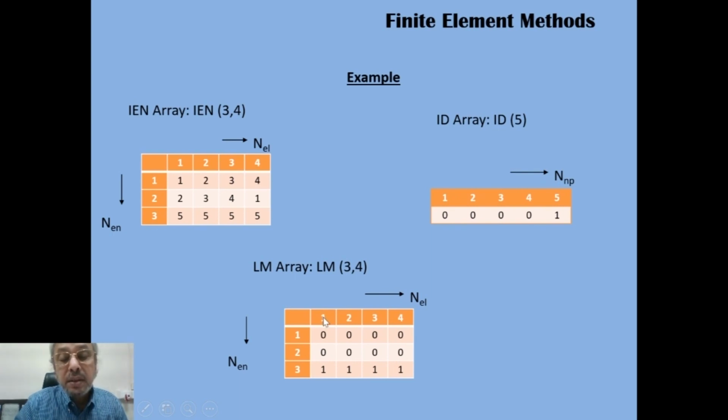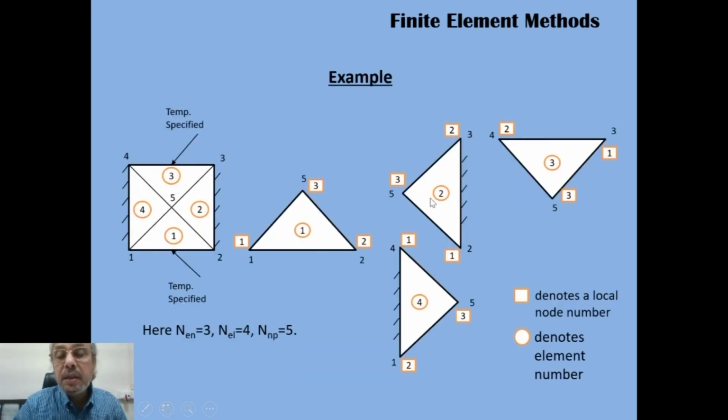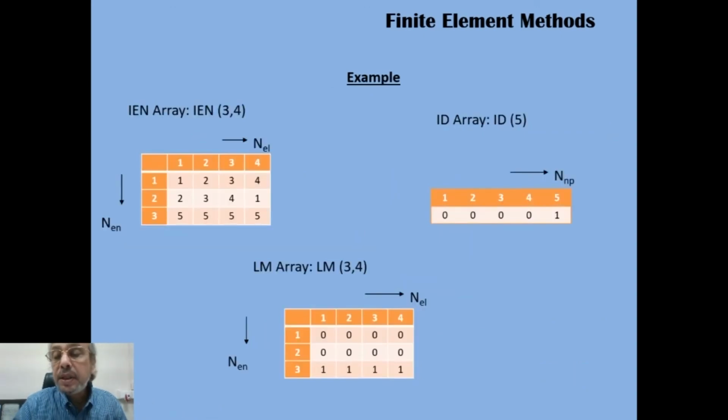So first element, first node doesn't need an equation. Similarly, second element, first node, it is node 2, does not need an equation, falling on the boundary. Third element, again node 1, it is 0.3, falling on the boundary, doesn't need an equation. So that is how we are progressing.